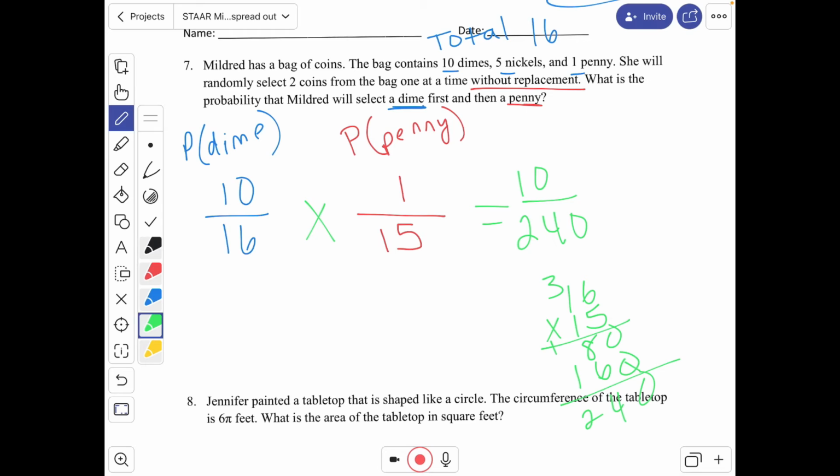Then we might want to simplify those zeros. So that left us with just 1 over 24. The probability of selecting a dime, then a penny, is 1 out of 24.